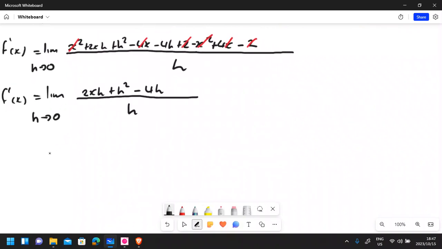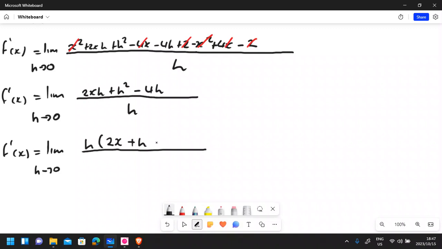Now the next step is to take out the common factor. Let's take out the common factor. So if h is approaching 0, we need to take out the common factor in the numerator. Remember, we have how many terms? 1, 2, 3, and they all have h. So if we take out the common factor, the first term is going to be left with 2x, the second term is going to be left with positive h, and then the third term is going to be left with 4, and this is divided by h.